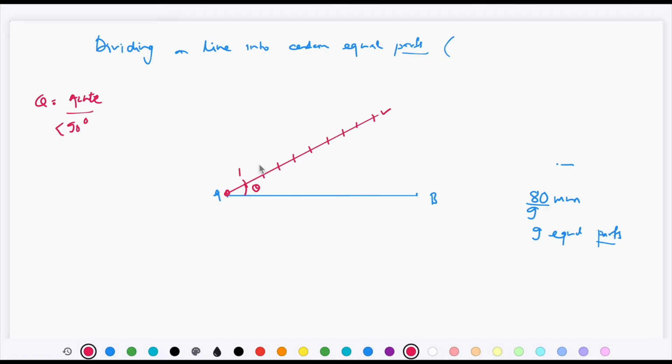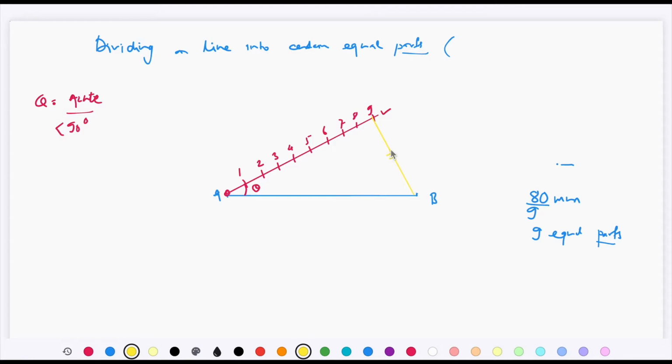So this is first, second, third, fourth, fifth, sixth, seventh, eighth, and 9 divisions. After this, take a roller scale or drafter and connect the last division, that is the 9th division, with the end B. So you will get this one line.